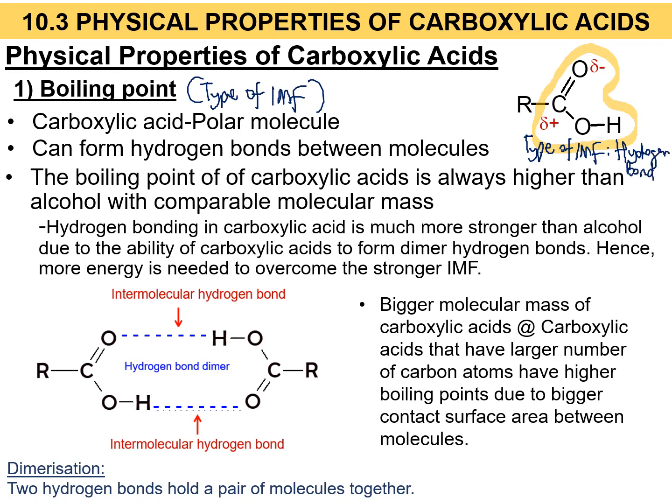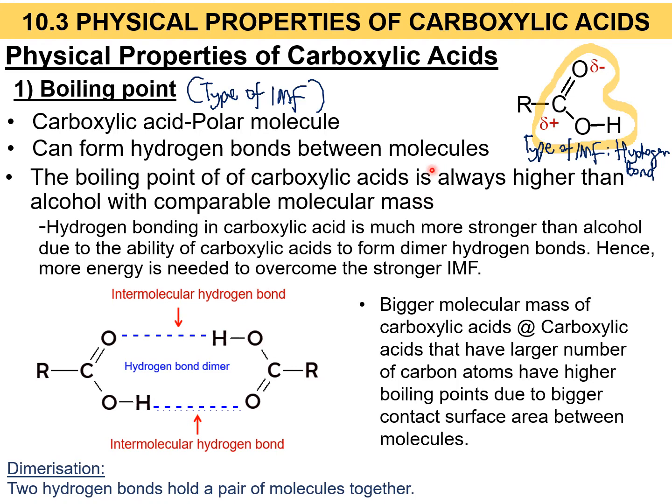Okay, so kiranya dia mempunyai boiling point yang tinggi disebabkan dia ada type of intermolecular forces of hydrogen bond. And we know hydrogen bond ni kita susah nak break the bond. That's why dia punya boiling point dia tinggi. Okay, tapi kita tahu alkohol pun ada hydrogen bond.